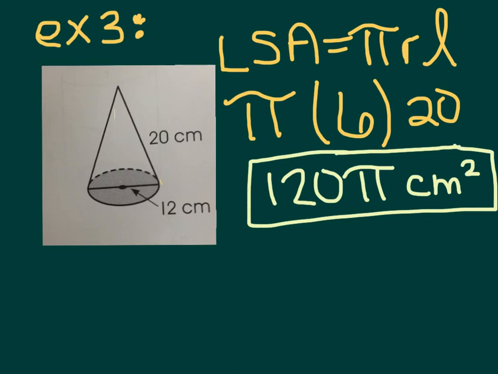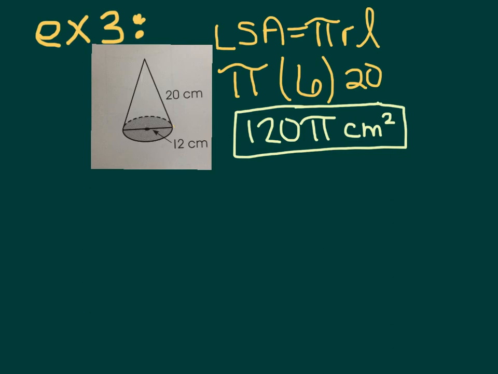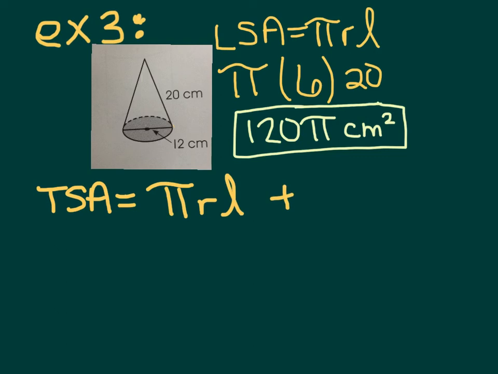Now for the next part, we're going to do total surface area, which would be pi rL plus pi r squared. Now we got this first part, pi rL, we got that covered.